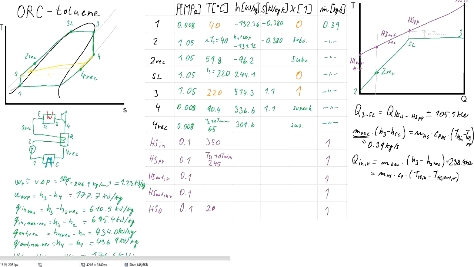And the only unknown here will be the heat source outlet, which in this case will be the temperature of 112.8 degrees C. So we have the temperature over here, 112.8.